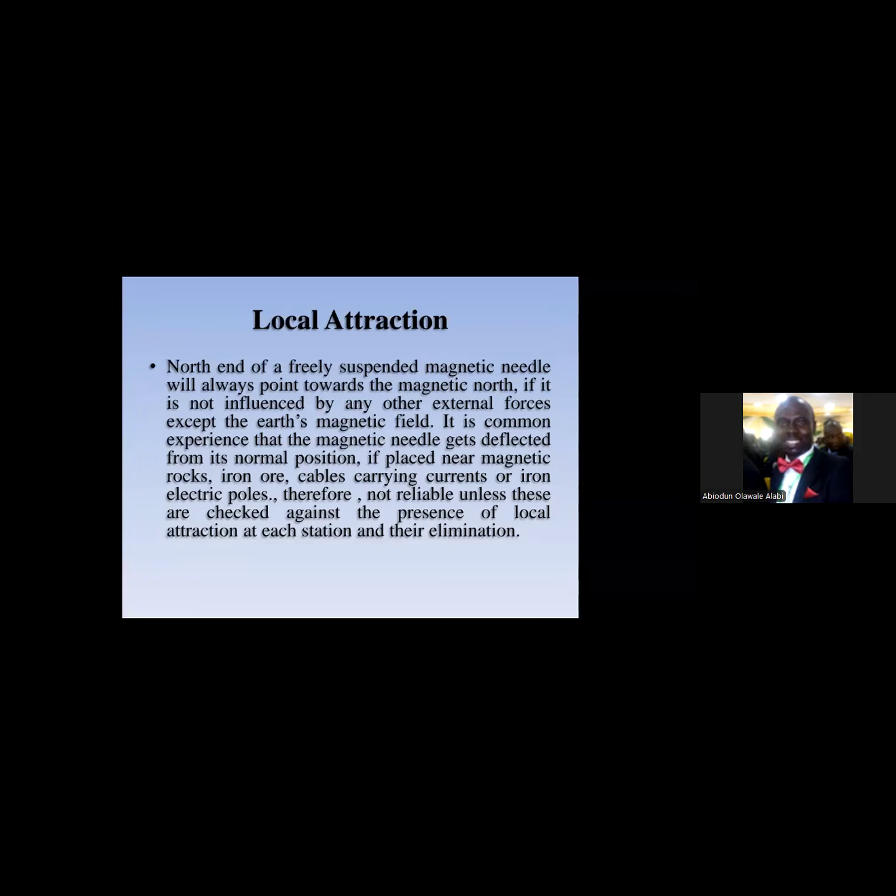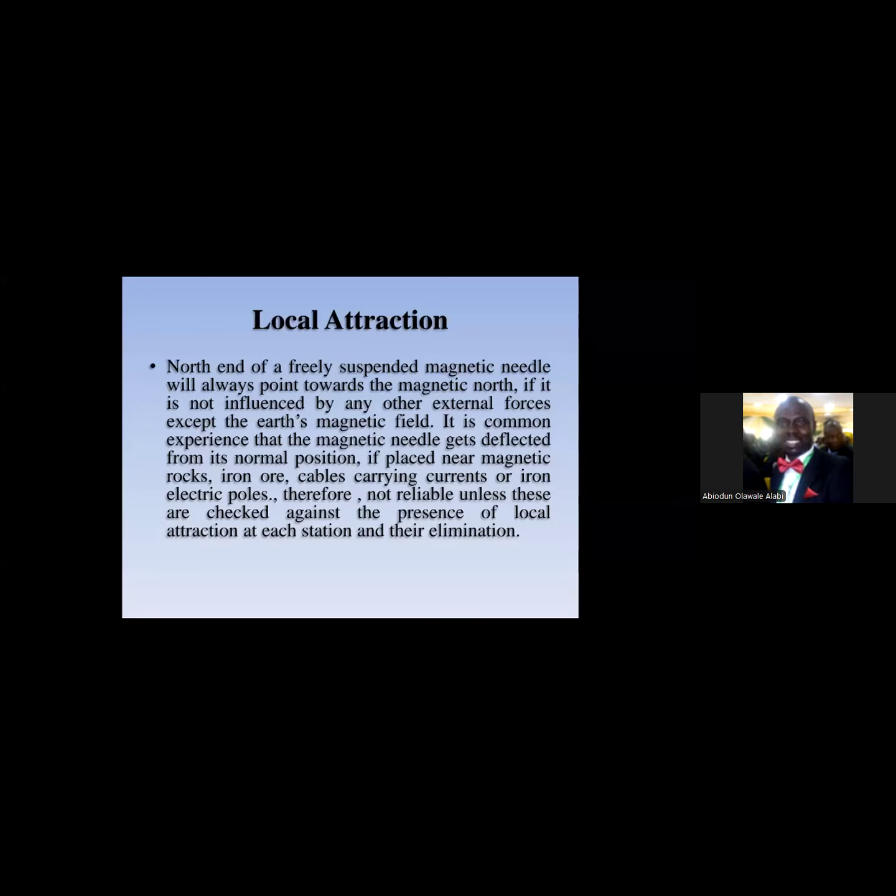Now, what is local attraction? Whenever you are using a magnetic compass to obtain magnetic bearing, when you are doing your survey on sites, there is what we call local attraction. Local attraction occurs when there is influence of magnetic substances on site or on the field.